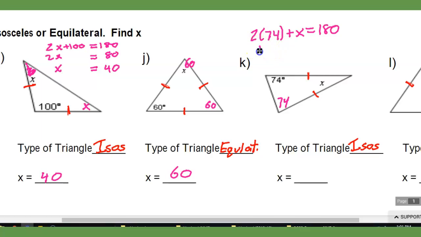And this is going to be 148. And 180 minus 148 would be 32 degrees.